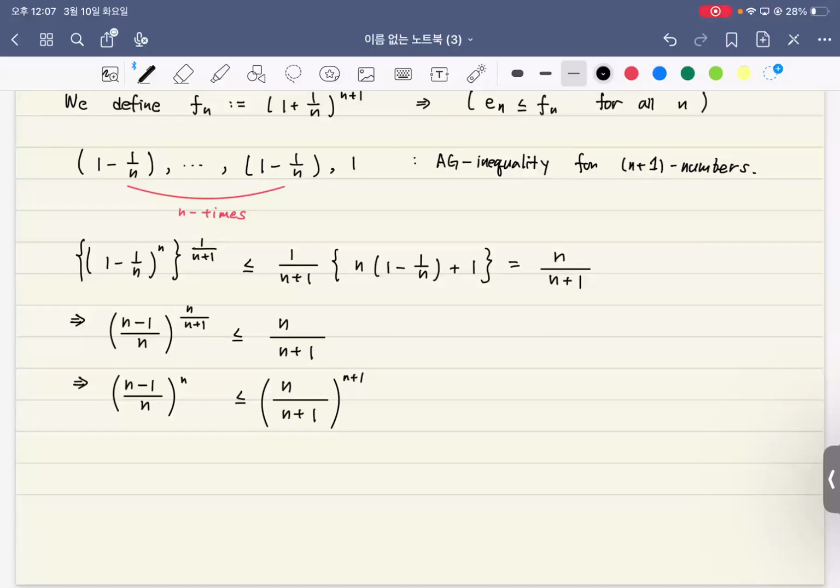But yeah. Oh, right. I want to take the reciprocal of everything. Then n over n minus 1, everything to the nth, now this inequality is being reversed, and n plus 1 over n to the n plus first.